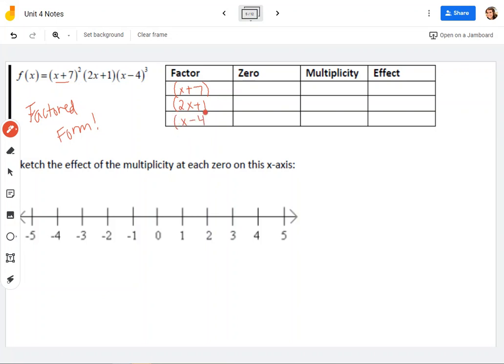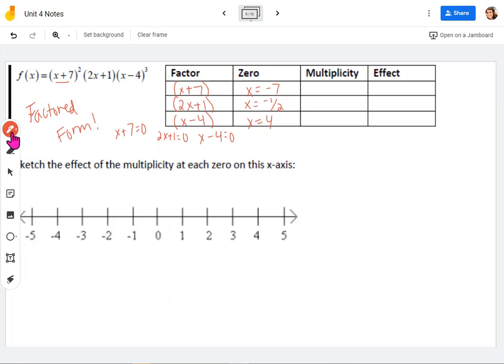And x minus 4. So if we solved each of those for 0, again, you'd set them each equal to 0. X plus 7 equals 0, 2x plus 1 equals 0, and x minus 4 equals 0. Solving them, you'd get x equals -7, x equals -1/2, and x equals 4.